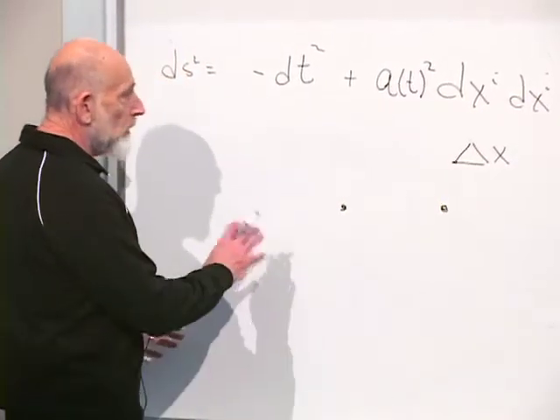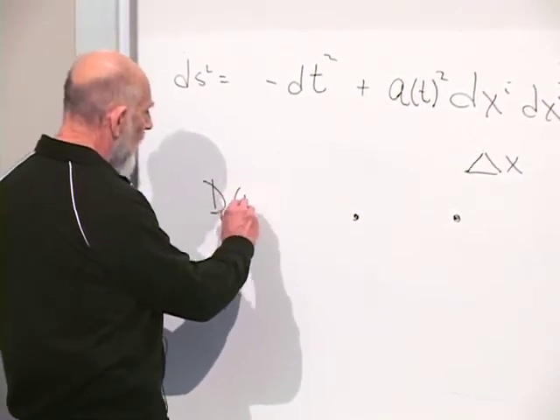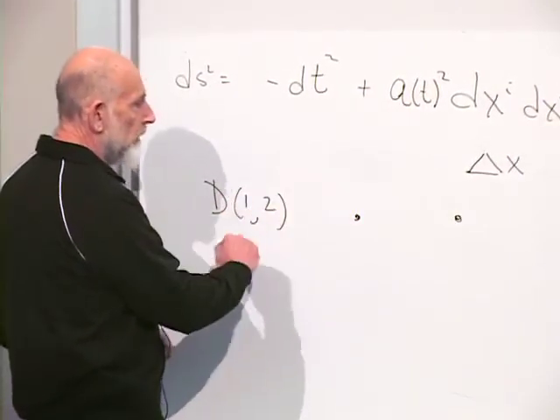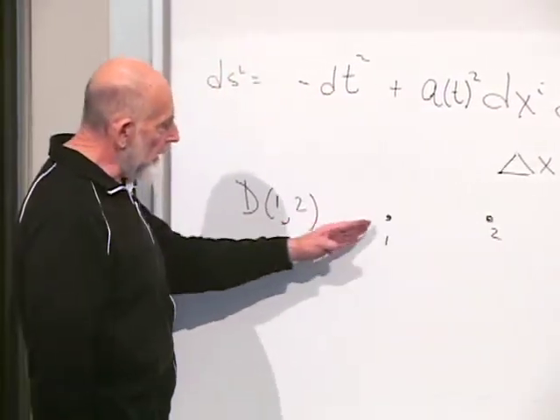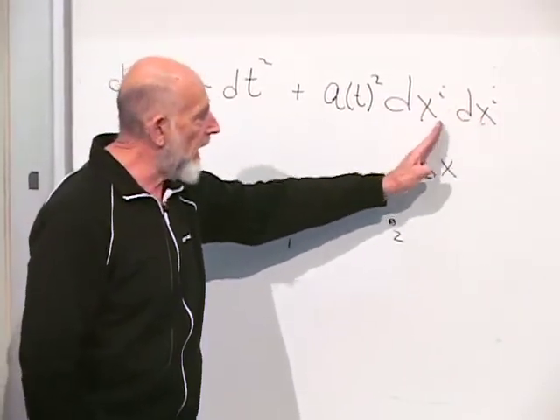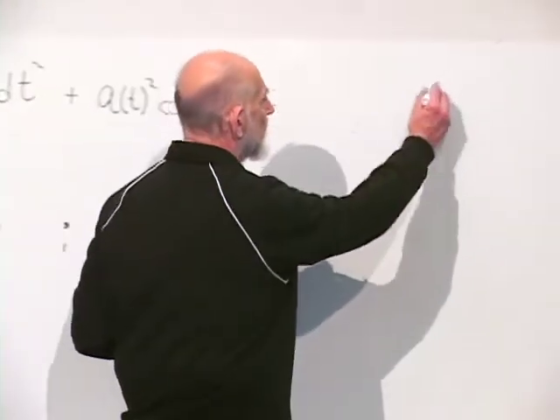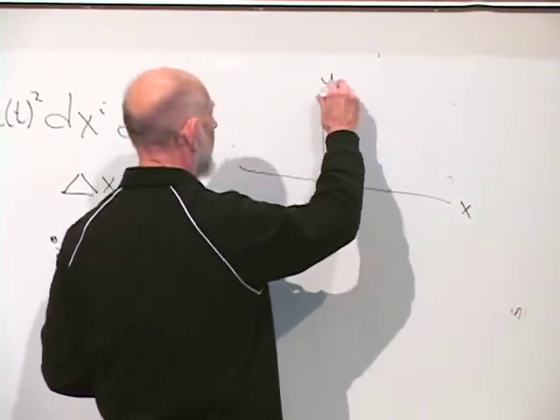But the actual distance between the 2 points, let's call it d, between point 1 and point 2, each one characterized by a definite location on the x-plane. Here's the x-plane, x, y, whatever.